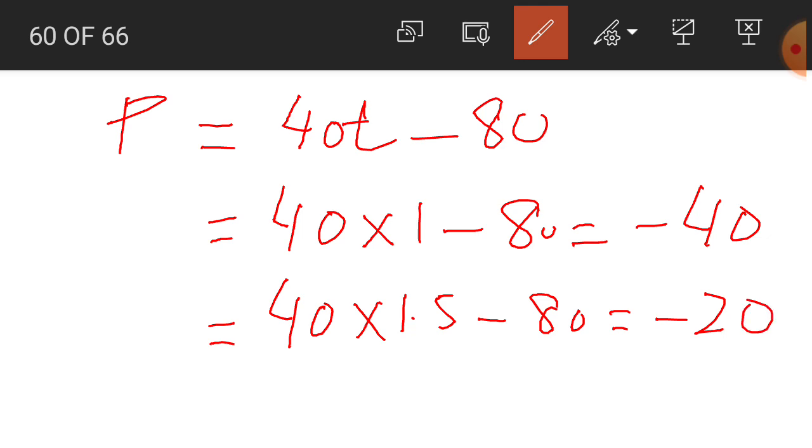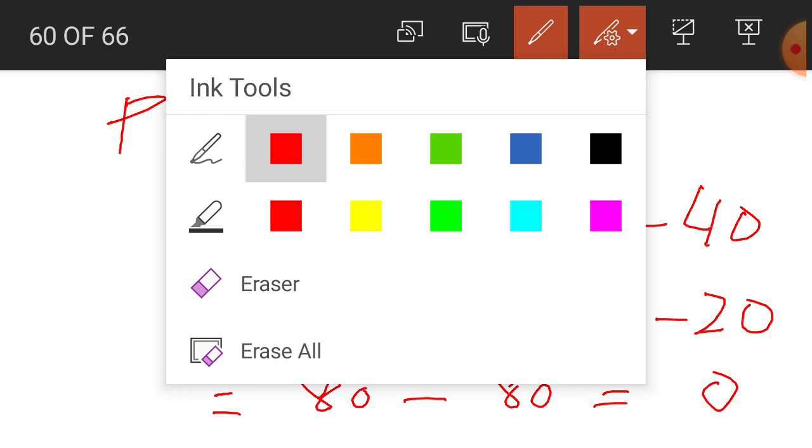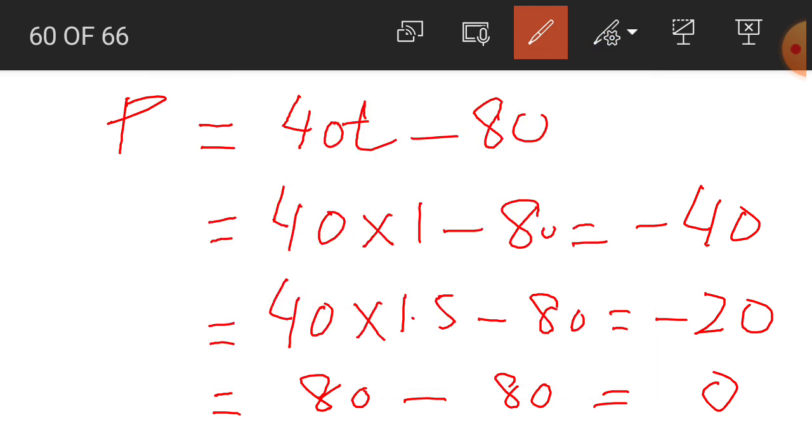And then we calculate this power at time t equal to 2. So at time t equal to 2, we have 80 minus 80, and this power will be 0. So this is the power at time t equal to 1. This is the power at time t equal to 1.5. This is the power at time t equal to 2.